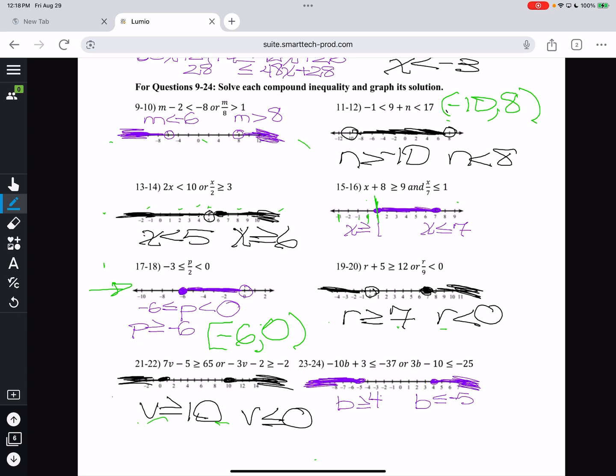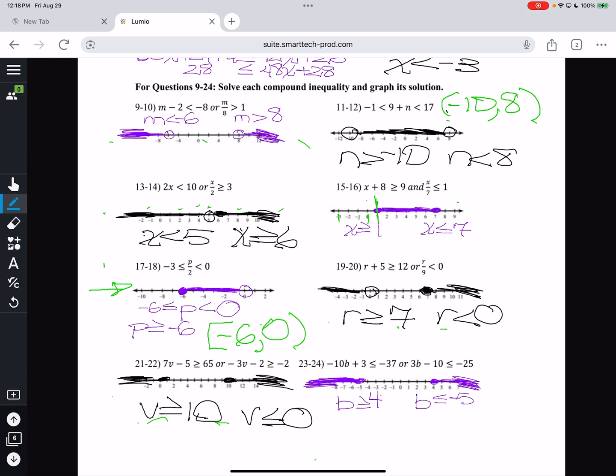What would you do for 15, 16? Work that one and then we'll talk about it. Lala Puckett, what'd you get?